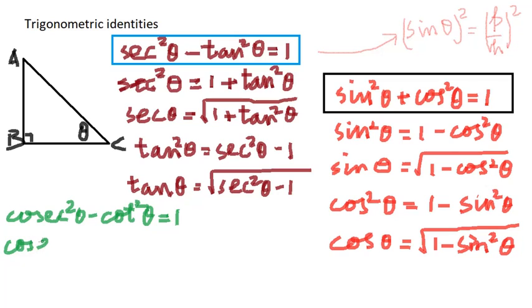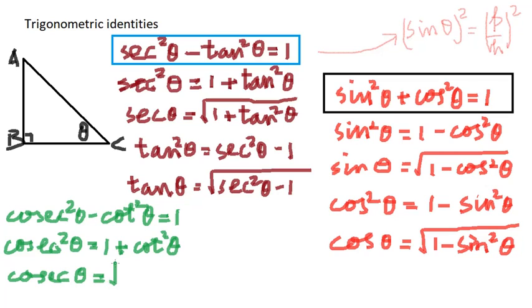So cosec squared theta will be equal to 1 plus cot squared theta, so cosec theta will be root of 1 plus cot squared theta.